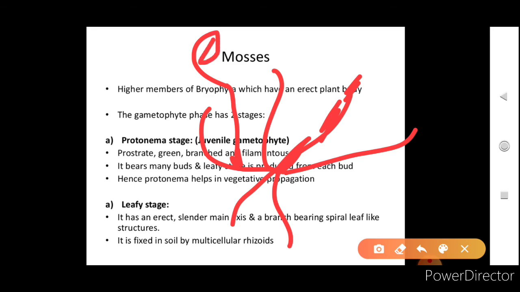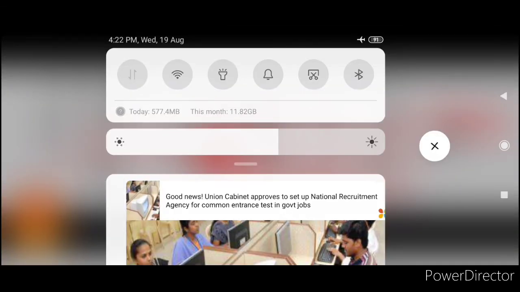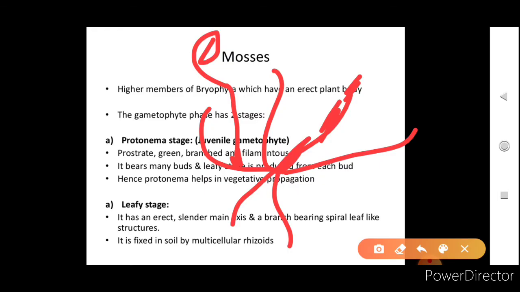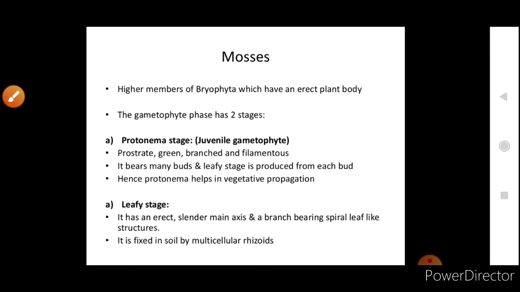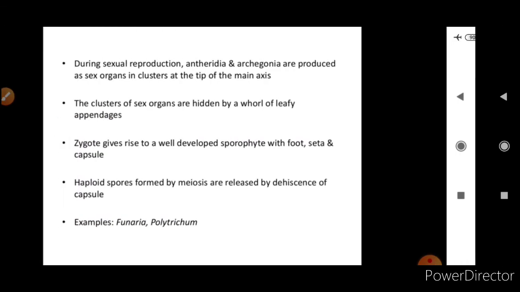So, this will be the sporophyte. Okay. Here you have seen the leaves were present, and these were the rhizoids. So in the gametophytic phase, two stages are present, that is the protonema and the leafy stage.